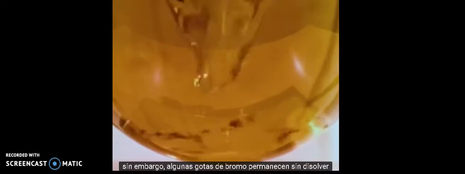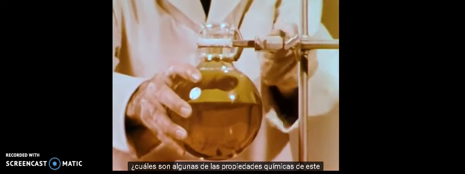Vigorous and prolonged stirring gives us a saturated solution. The brown color is characteristic of aqueous bromine solutions. However, some drops of bromine remain undissolved. This indicates that elemental bromine is not highly soluble in water.